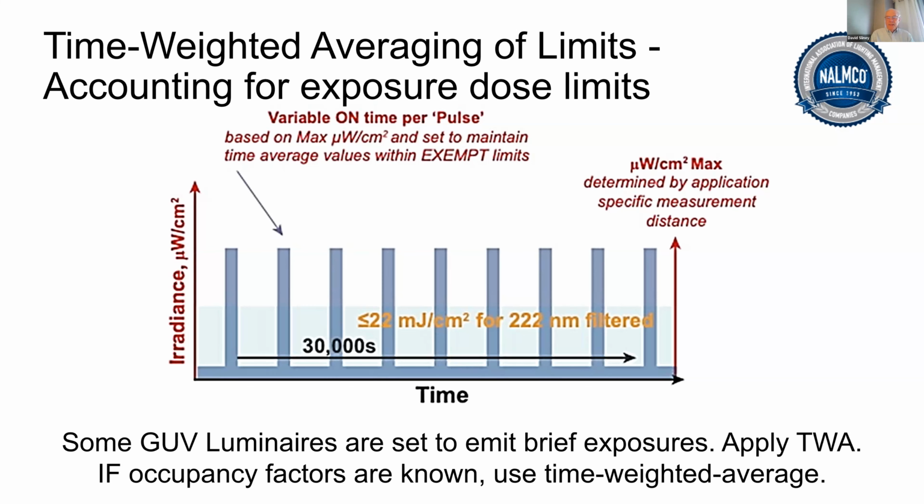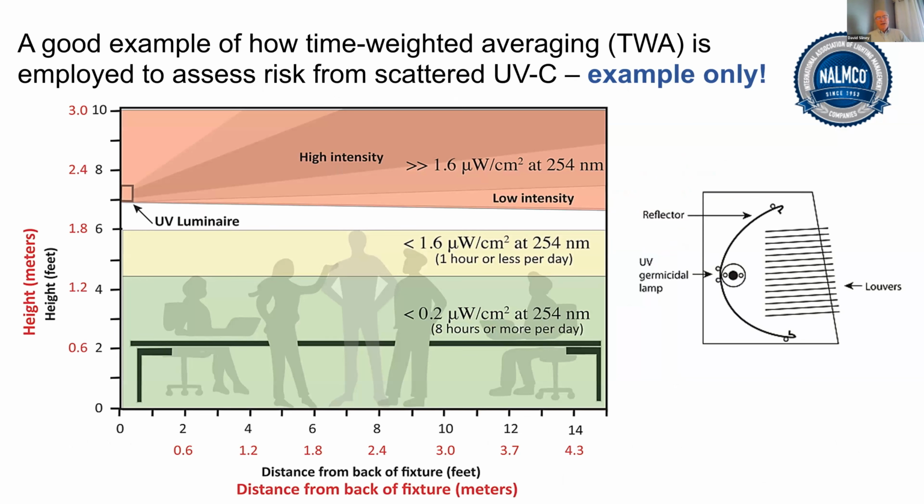And the illustration here for upper room germicidal is where, for example, the number of situations where somebody is going to be standing is considered always less than an hour in any one day. So one could have a higher dose rate above maybe 4 feet, 4.5 feet, 1.3 meters above the floor, as this conference room setup was established.